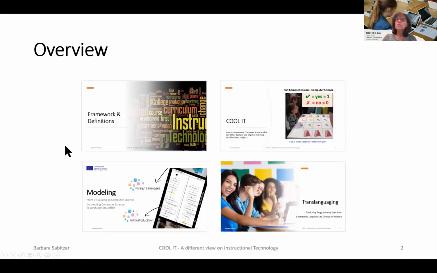So now the two methods: the one, modeling from computer science, which is a visualization strategy, a learning strategy that can support other subjects, in this case languages; and the other one, translanguaging from linguistics, which is introduced in computer science to improve programming.